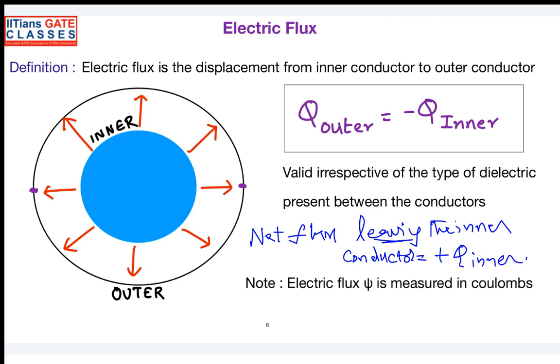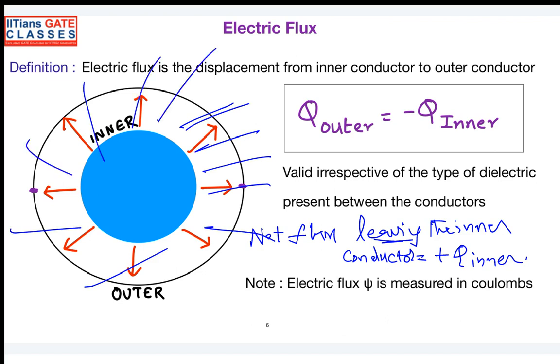If they ask for the total charge induced on the outer conductor, then you can consider minus Q inner. But if they say net flux leaving the outer conductor, you should not consider minus, because leaving itself indicates minus. So the net flux leaving the outer conductor is the same as Q inner.